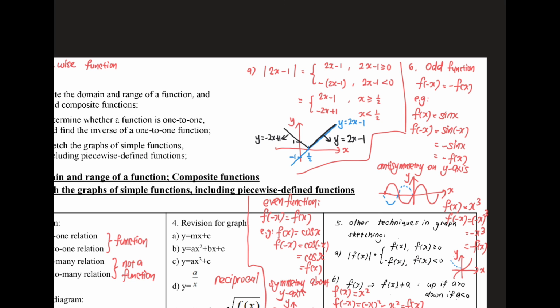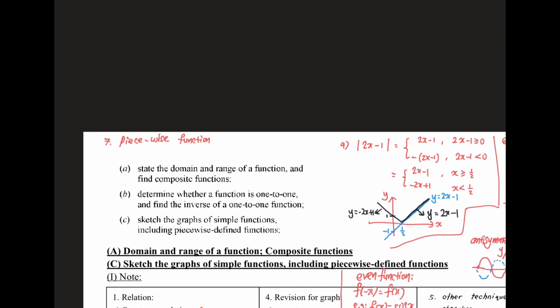So let's say for example, f(x) equal to, okay, so you draw 2x minus 1 when x is more than or equal to half. We draw x squared minus 4 when x is less than half. This is a piecewise function. So for different intervals, we draw different functions.